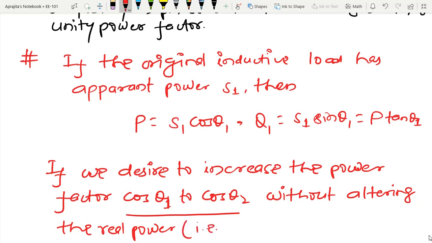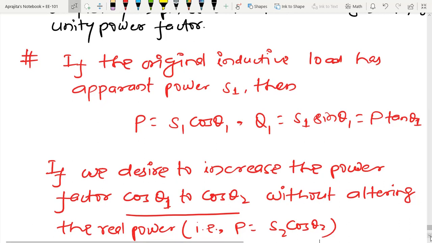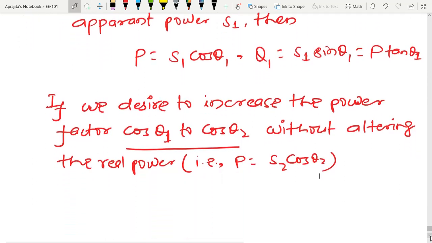That is, I am going to define it like this: P equal to S2 cos theta 2, because I am not going to alter the real power.